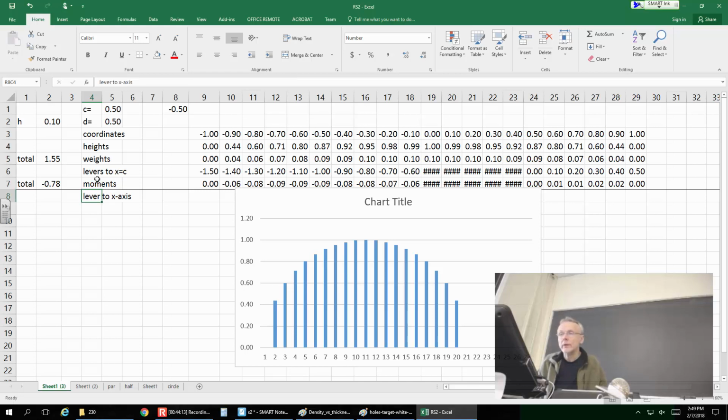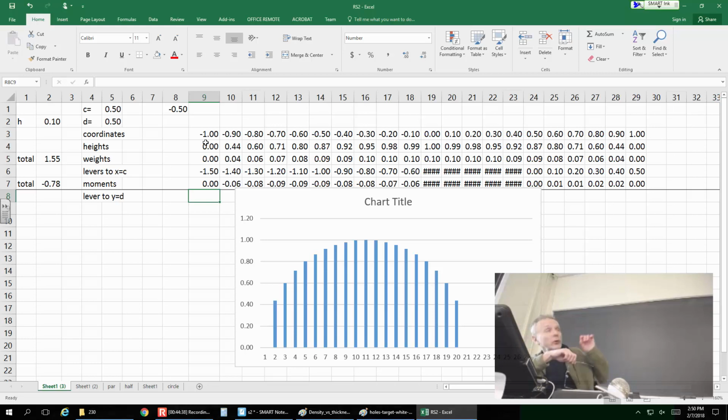Now we're doing lever to the line y equals d. So then the lever is the distance, right? It's simply the distance to d, in the algebraic sense, but it's actually not that obvious.